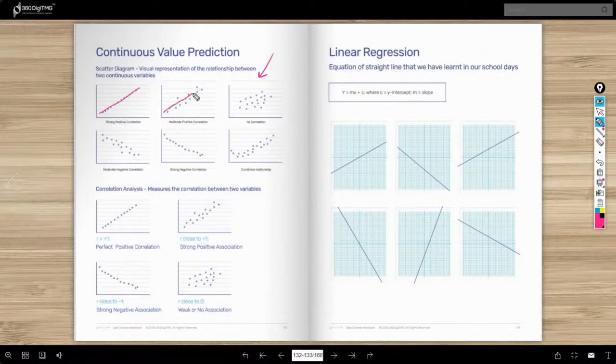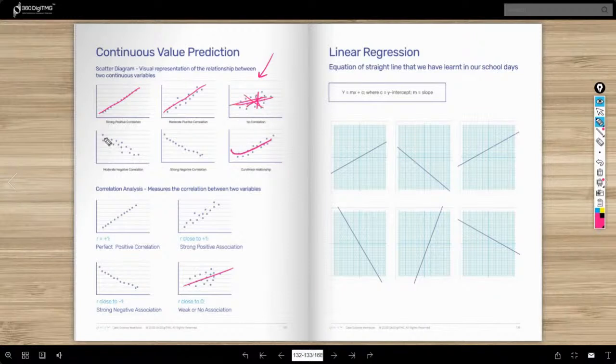Whereas here, if you see, there's a little spread, right? Probably you might say it is a moderate relationship. If you see here, this is a weak relationship, isn't it? Here you have a curvilinear shape. Here, weak relationship, or you can say no relationship. You can draw a line like this, or like this, or like this, right?